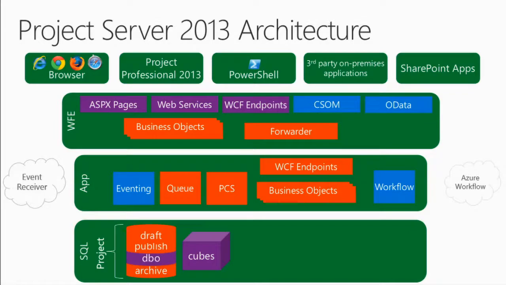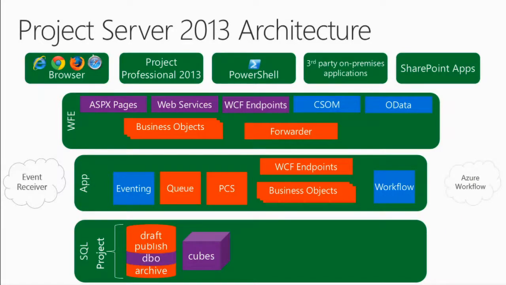At the SQL tier, you get your database. One of the biggest differences for us when you look at the SQL tier is that we have one database per PWA instance. In 2007 and 2010, for each PWA site, each PWA instance that you would create, we'd actually create four databases.